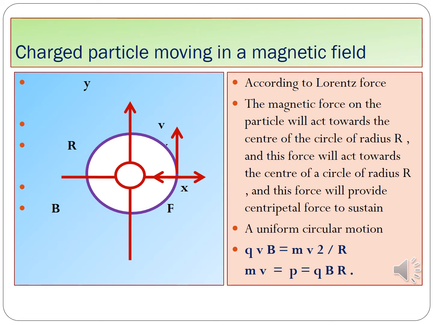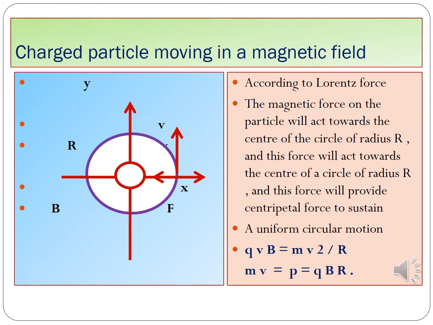From the diagram, a particle with charge q is moving with a speed v, and a uniform magnetic field, capital B, is directed into the plane of the paper. So according to the Lorentz law, the magnetic force on the particle will act towards the center of the circle of radius r, that is, capital R.